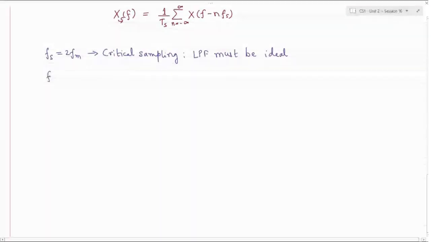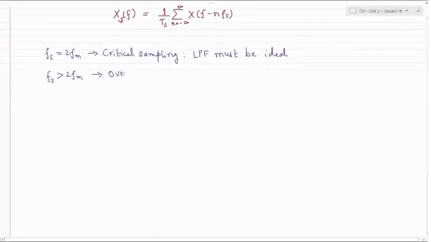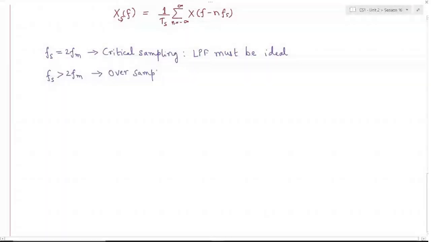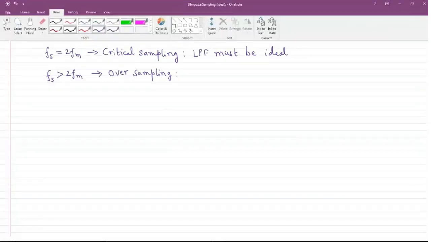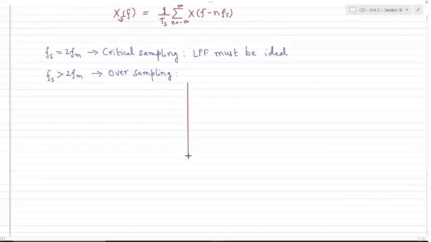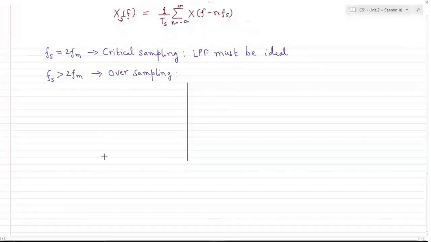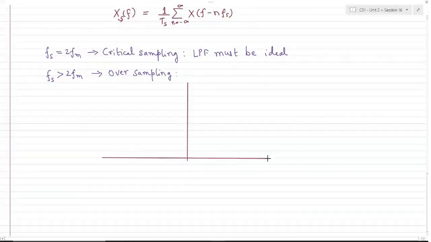We will have a rate greater than 2fm, which is the case of oversampling. You can easily see that in case of oversampling, I'll try to depict what the scenario would be for the sampled version of the signal.